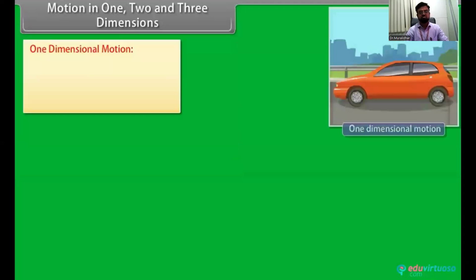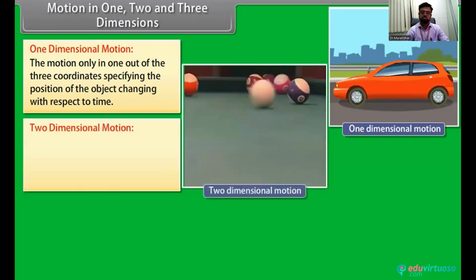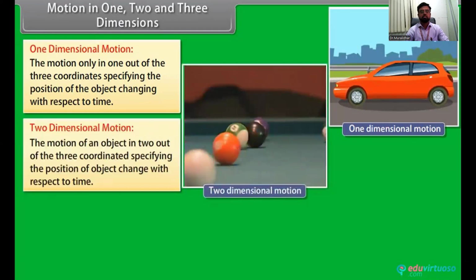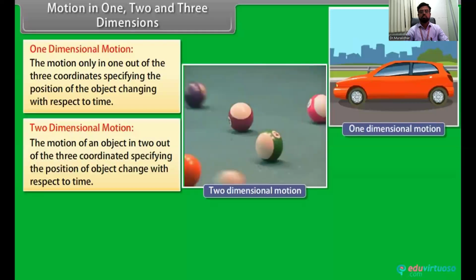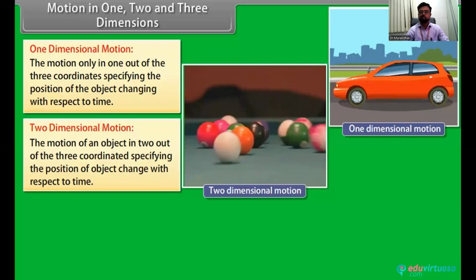One-dimensional motion. The motion in only one out of three coordinates specifying the position of the object changing with respect to time. Example, a car traveling in a straight line. Two-dimensional motion. The motion of an object in 2 out of 3 coordinates specifying the position of the object changing with respect to time.